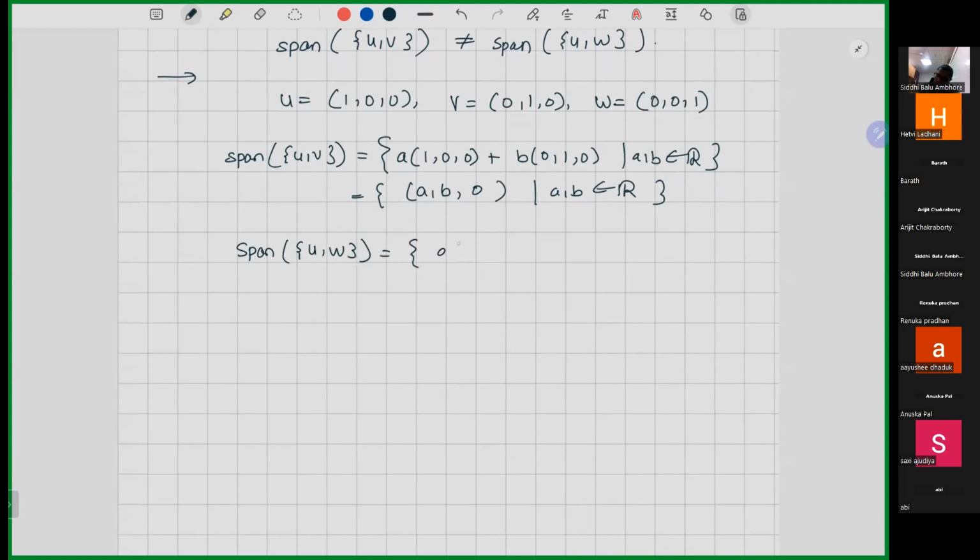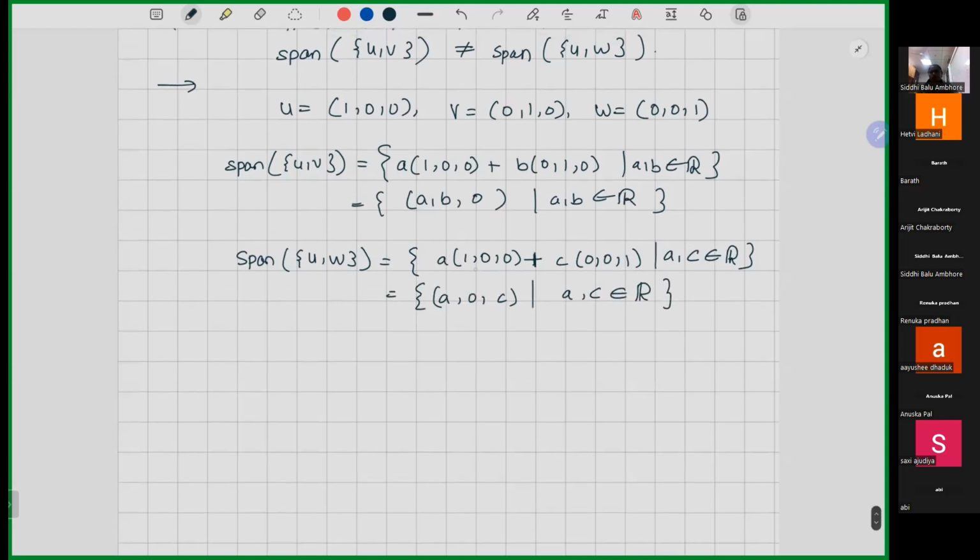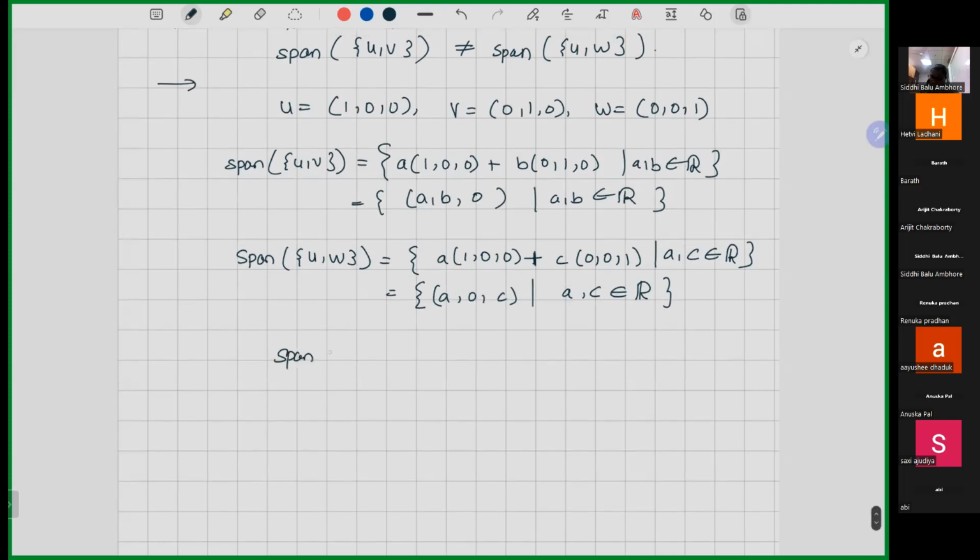It is A into (1, 0, 0) plus C into (0, 0, 1) such that A, C in R. This is equal to (A, 0, C) such that A, C in R. Okay. And these two spans, these two sets, are non-equal, right? Span of u comma v is definitely not equal to span of u comma w, right?